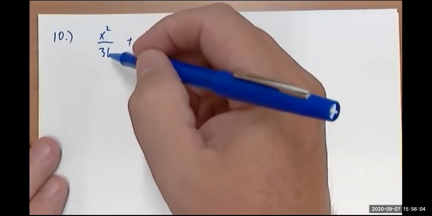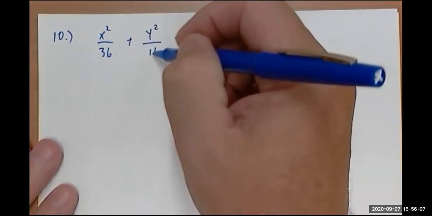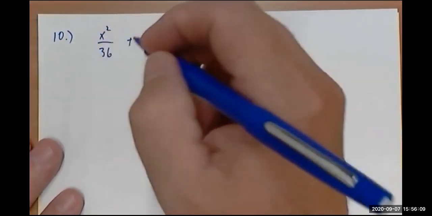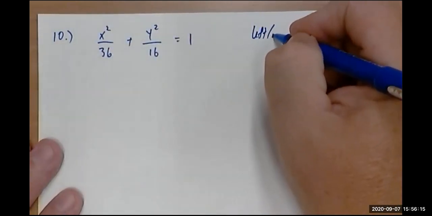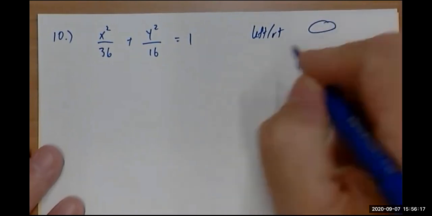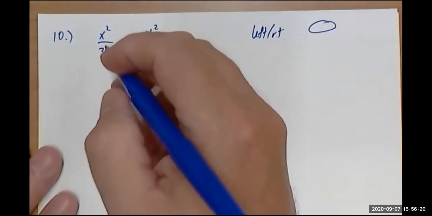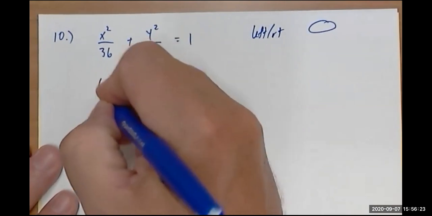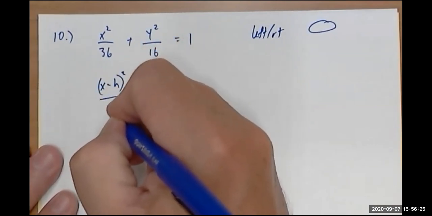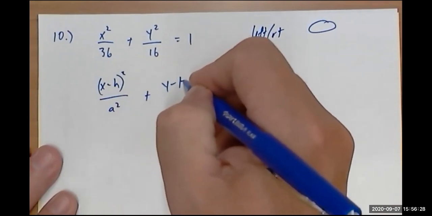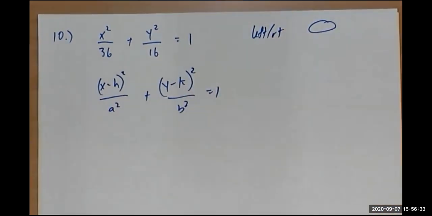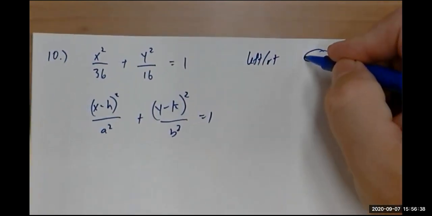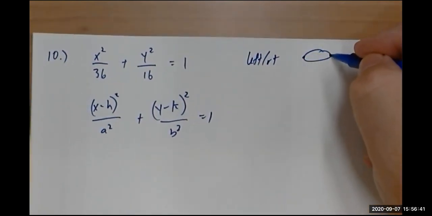So this one, you notice 36 is bigger than 16 and it's underneath the X. So first of all, this is going to be a left or right ellipse. The standard equation for the left or right ellipse is x minus h quantity squared over a squared plus y minus k quantity squared over b squared equals 1. These are going to be your vertices.